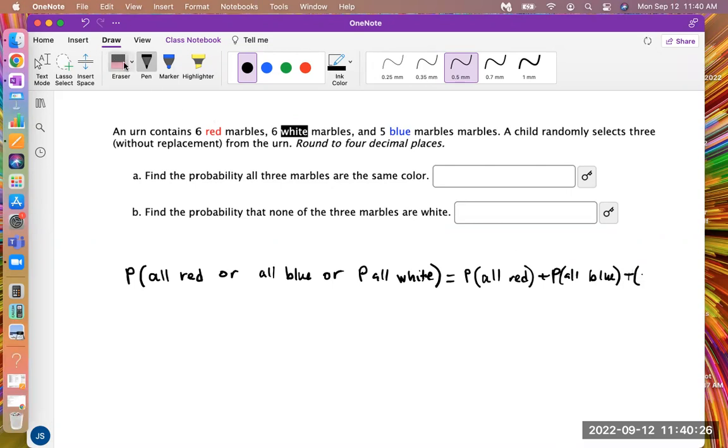And these are mutually exclusive, disjoint sets. You can't be all red and all blue and all white. You just can't do that. So you don't have to subtract the intersection of these.